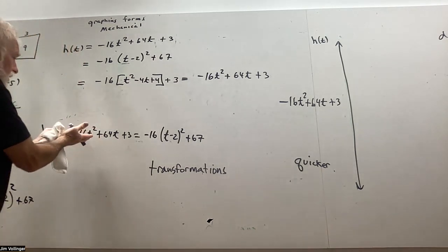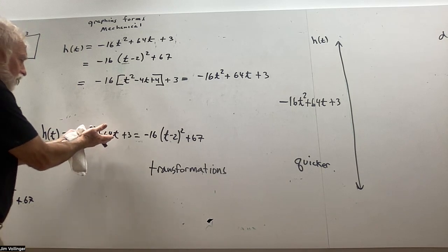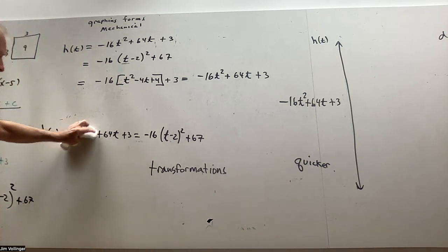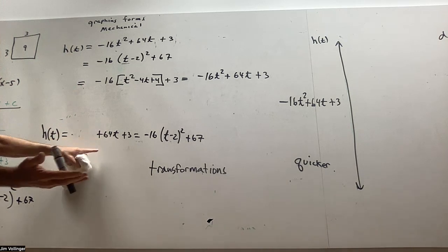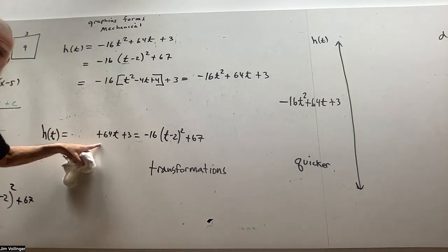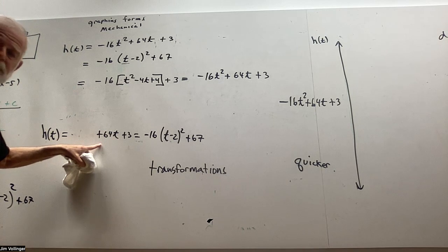Right now we're at minus 16t squared plus 64t plus 3. And of course, if I get rid of this term and I've got the ball 3 feet high and I kick it, it's going up into space at 64 feet per second every second. It's just 64 feet in 1 second, the next second 64 feet, the next second. It's going forever up.